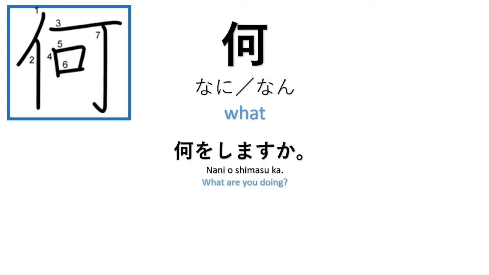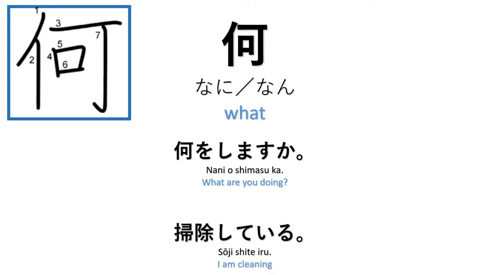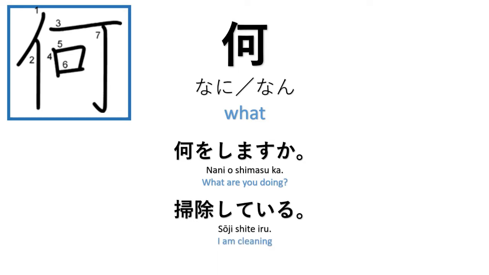If we want to be polite, we can say, nani o shimasu ka? What are you doing? Soji shiteiru or soji shimasu. Soji shiteiru is of course a casual way of saying I am cleaning.